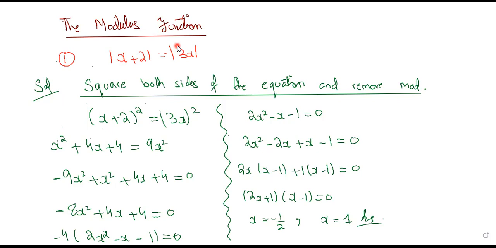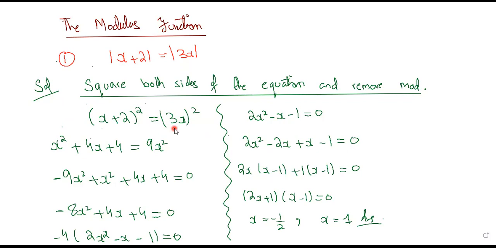In order to solve this, we need to square both sides. So I squared the left side and the right side, and I've removed mod. Now what do I see? This is what I had in the beginning, and this is what I have after converting the red function to the green one. Now the green function is basically a quadratic equation, and I easily know how to simplify any quadratic equation, right? So we have x plus 2 whole squared equals 3x squared.